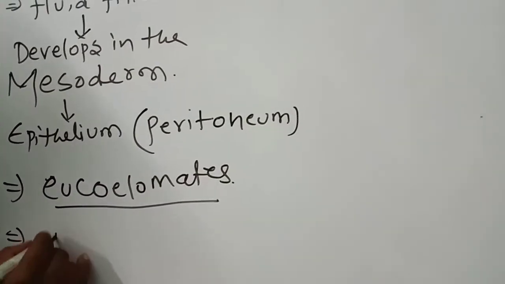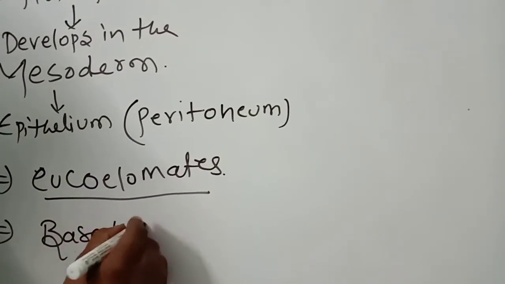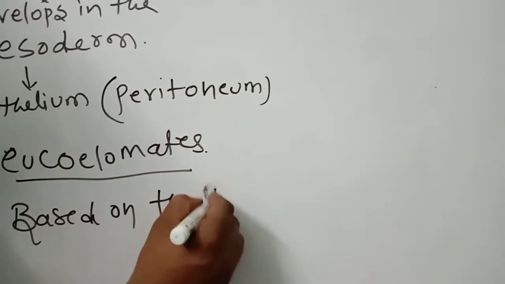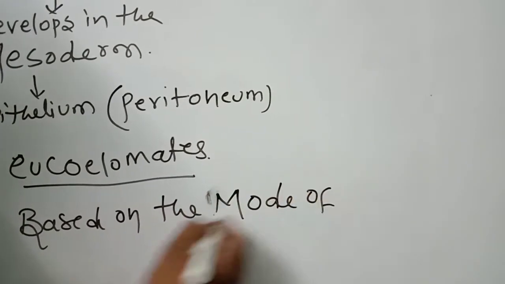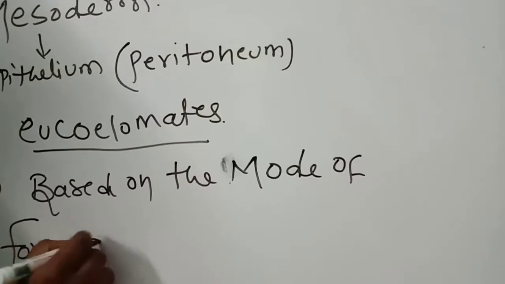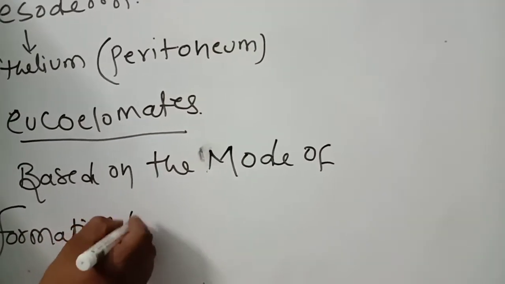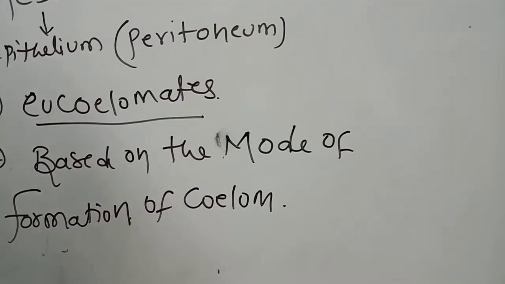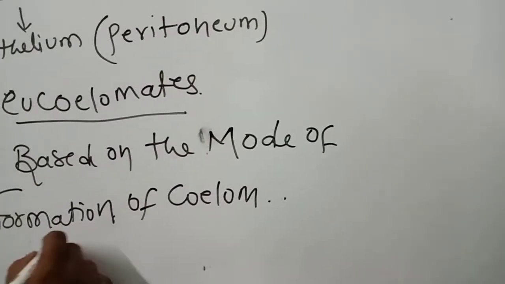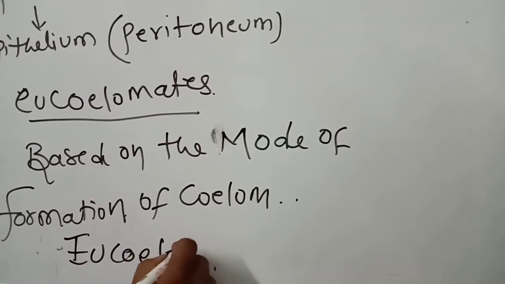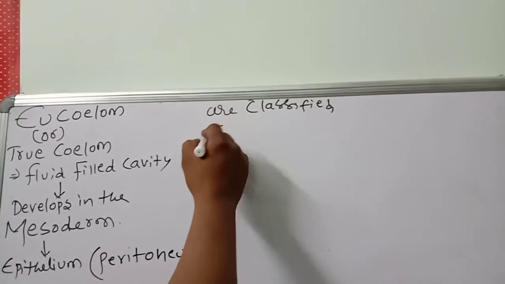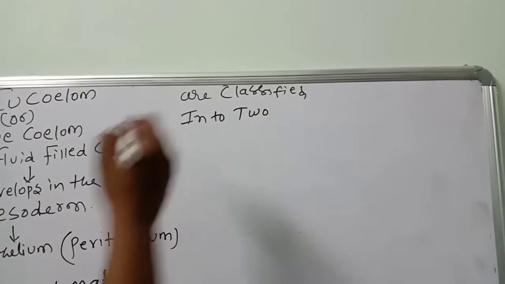Based on the mode of formation of coelom, the eucoelomates are classified into two types.